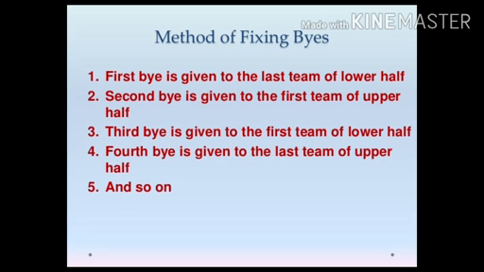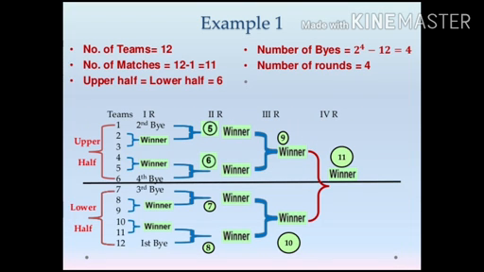So I will give you some examples. I will give you one question; you write it down and try to work out the byes. How many byes will be given if 15 teams are participating in the tournament? So the solution: the total number of teams is 15. The next highest number in the power of 2 is 16.